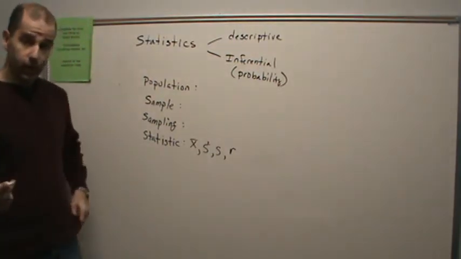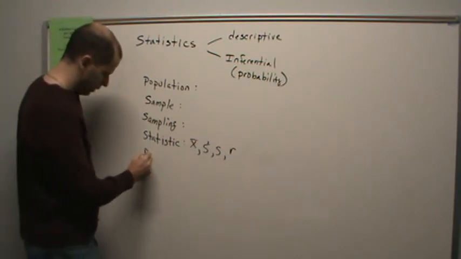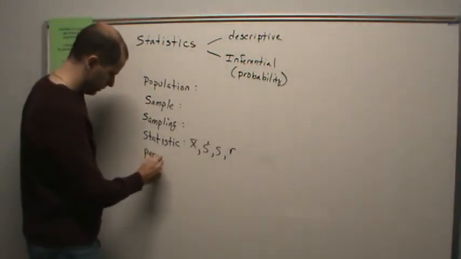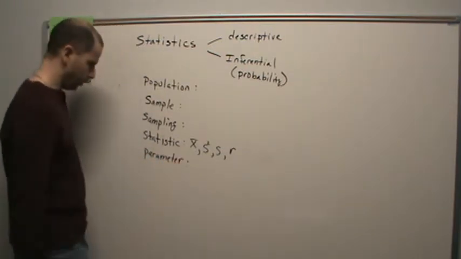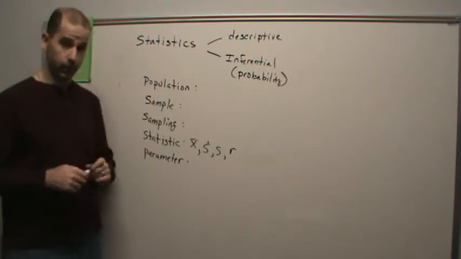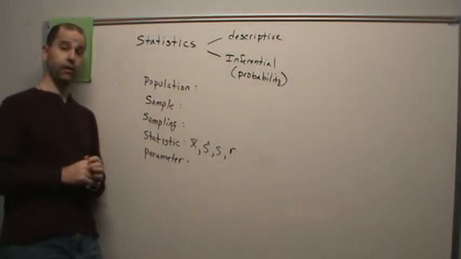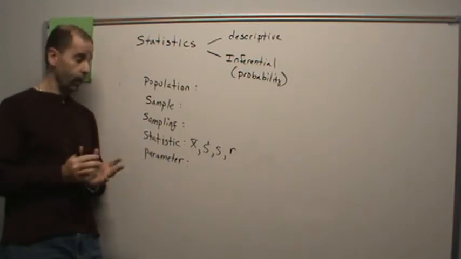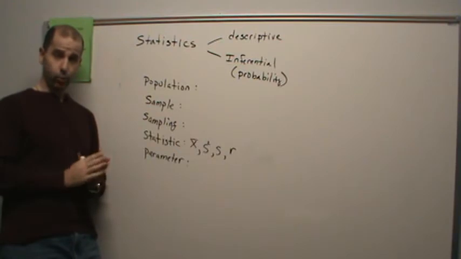The other vocabulary that I want to introduce is parameter. What is a parameter? Remember the definition of a statistic. Here's the definition of a parameter. A parameter is a numerical value that represents a characteristic of a population.